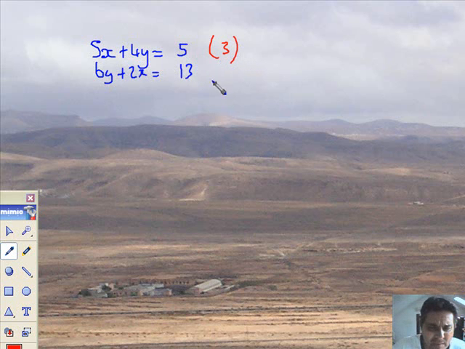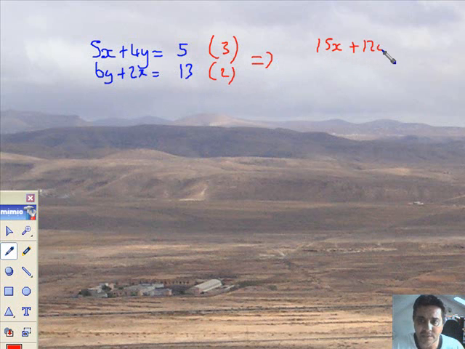Oh, what have I done? Made a mistake. Yeah, it multiplies the top by 2 to get 12y. Let's see where we end up now. Multiplying the top, I've got 15x plus 12y, all comes to 15. Multiply bottom one by 2, I've got 12y plus 4x, all comes to 26.